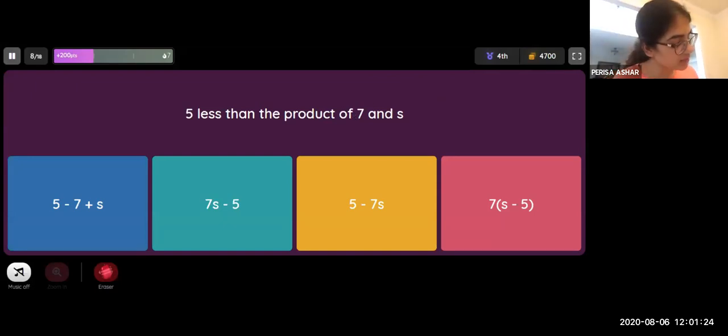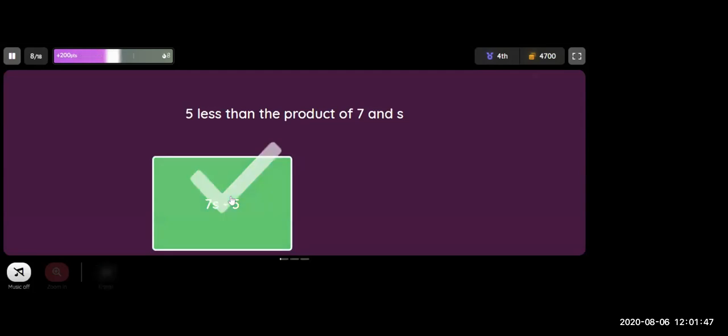Whenever you see the term less than, it comes after your initial product or initial term. So 5 less than means just 7s minus 5. It's like saying 5 less than 8 is 3, because you do 8 minus 5 is 3. So in this case, 5 less than the product of 7 and s is 7s minus 5. So the right answer is 7s minus 5.